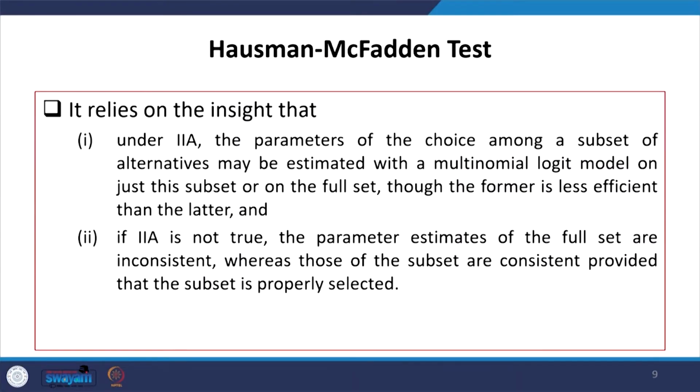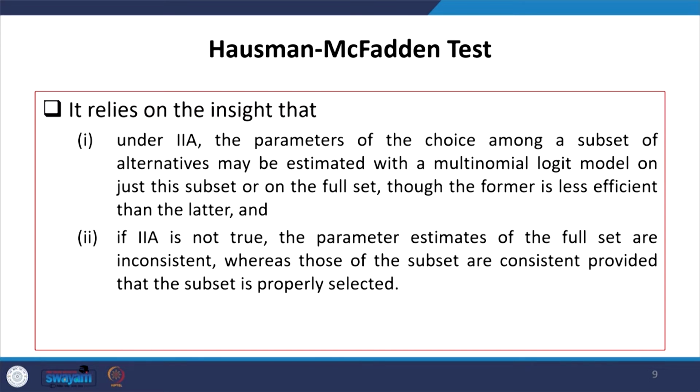The Hausman-McFadden test relies on the insight that under IIA the parameters of the choice among a subset of alternatives may be estimated with a multinomial logit model on just this subset or on the full set, though the former is less efficient than the latter.